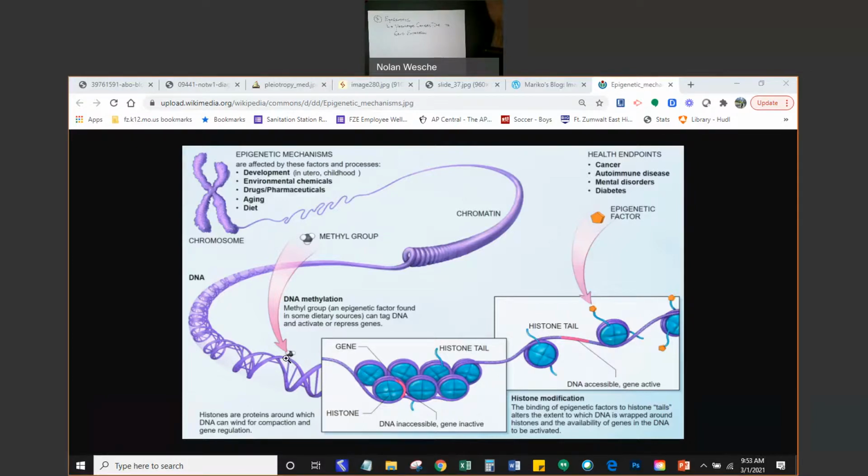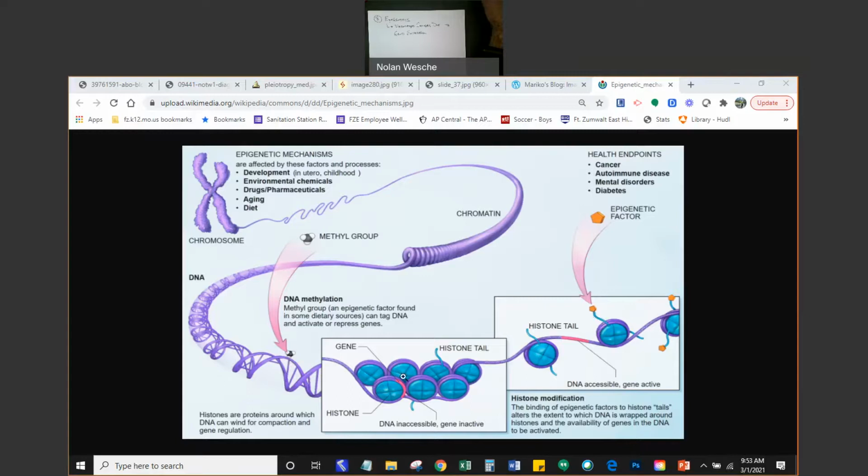And if those are genes that are related to certain important cellular functions, that can be quite impactful in terms of your phenotype. There's these other things called histones, which are proteins around which DNA is wound for compaction and gene regulation. These histones can be modified, where if you put a tag on these histones, that changes the shape.